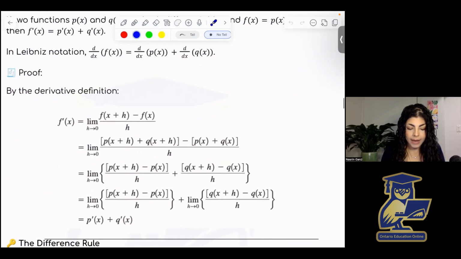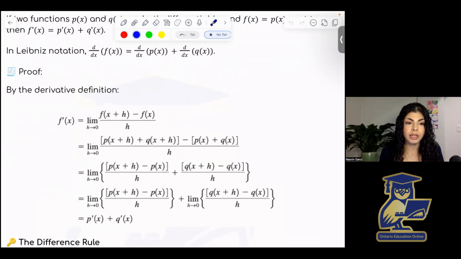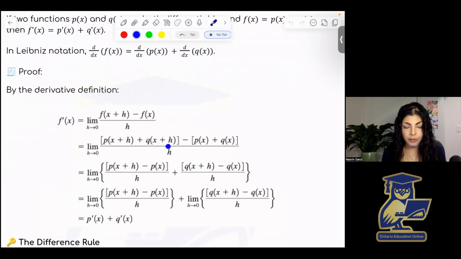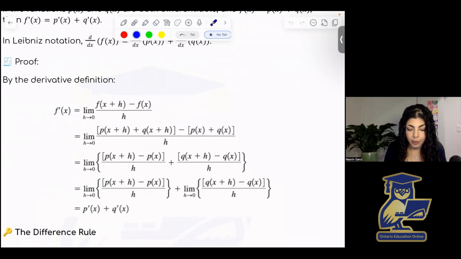Now, to see that with our definition of a derivative, so taking that limit, f of x plus h is just going to be p of x plus h plus q of x plus h. And f of x is just p of x plus q of x. Now here, we can split this. So we have the two parts with the p of x and p of x plus h together, and q of x plus h and q of x together.